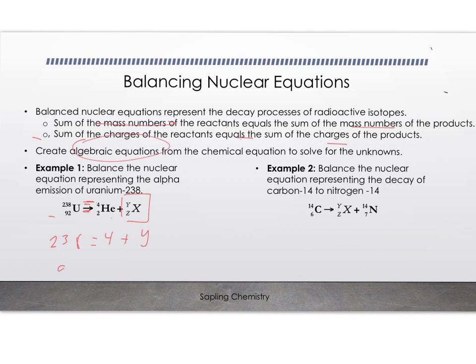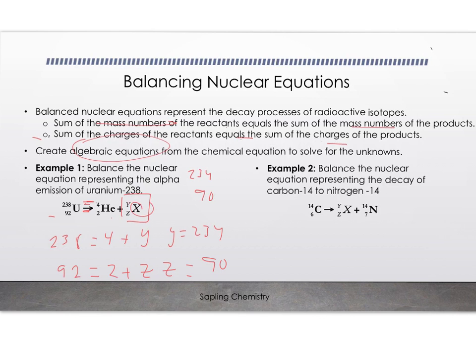So you set the bottom numbers equal to each other, 92 equals 2 plus Z. Solving for Y using algebra, Y is equal to 234, and solving for Z, Z is equal to 90. So Y is my mass number, and Z is my atomic number.